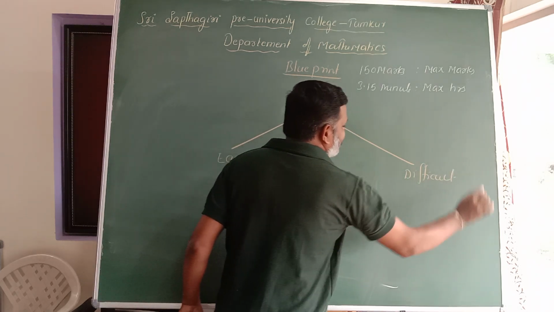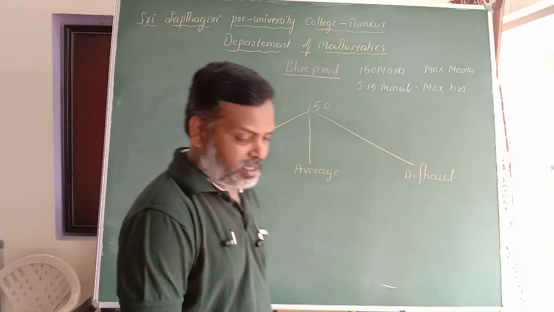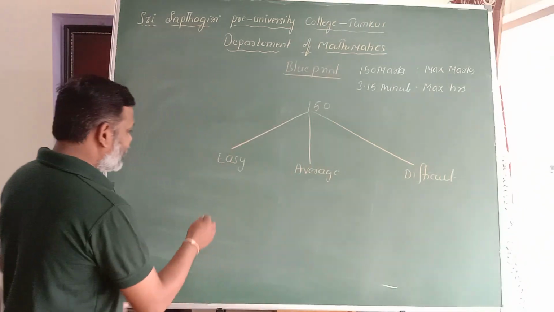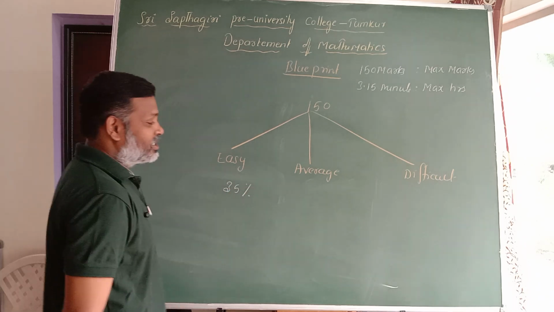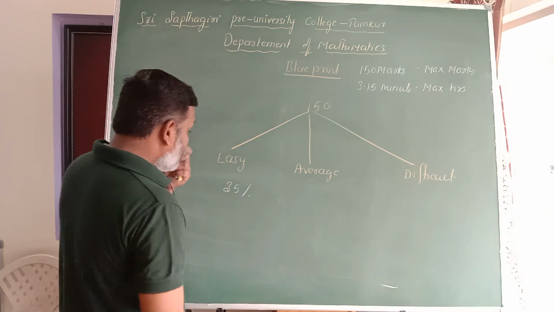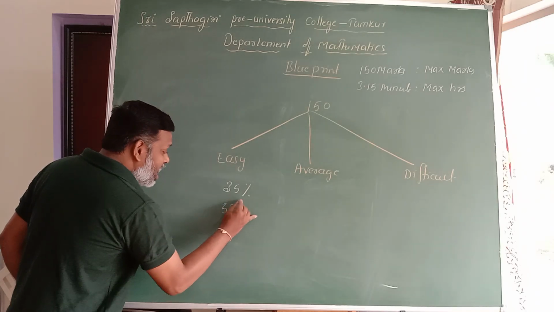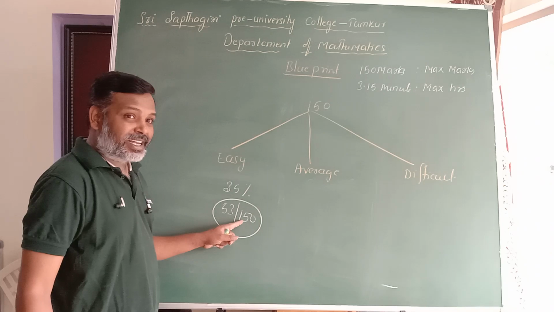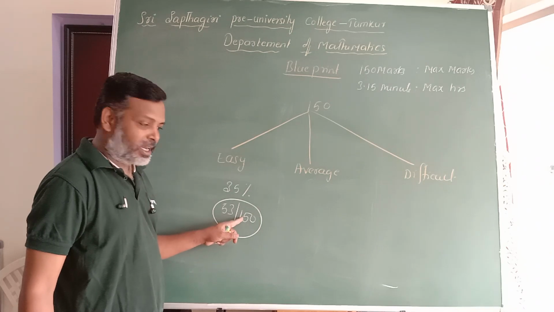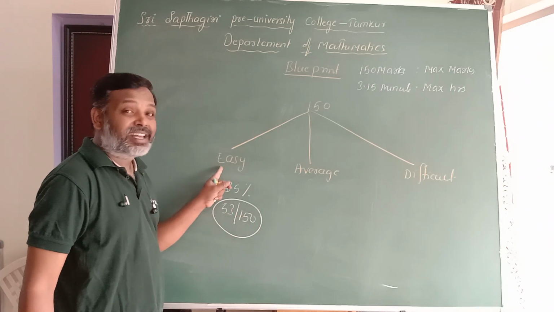So always the easy level is 35%. That means 35%, which means 53 marks out of 150. The easy level is 53 marks out of the 150 marks.